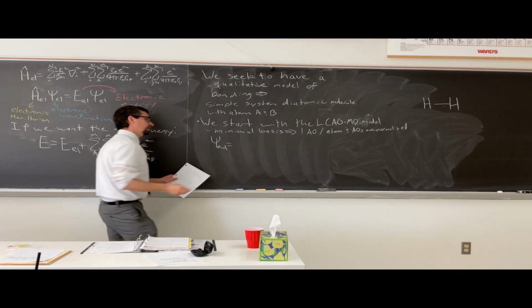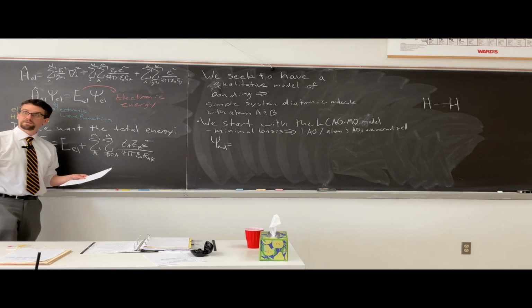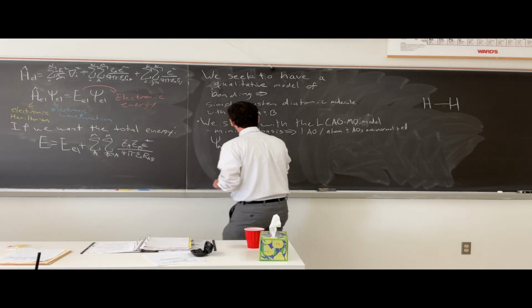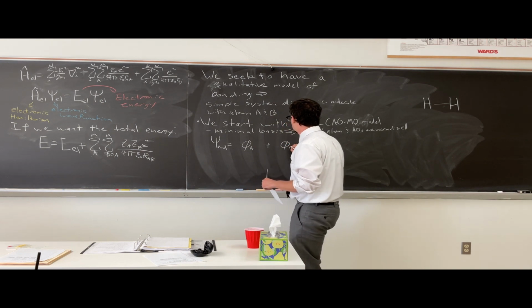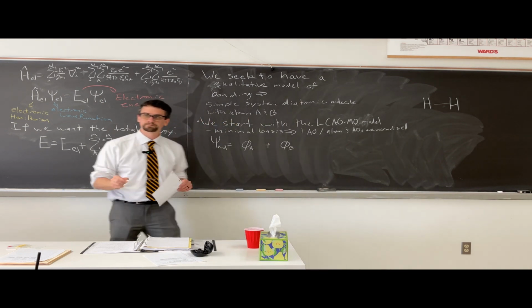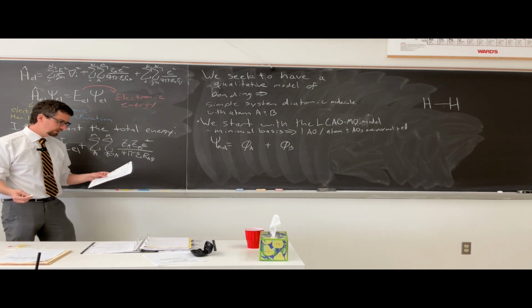So if I were to consider the wave function of this molecule, we're going to have a function that corresponds to A, and another function that corresponds to B. So those could be the orbitals or the atomic orbitals.